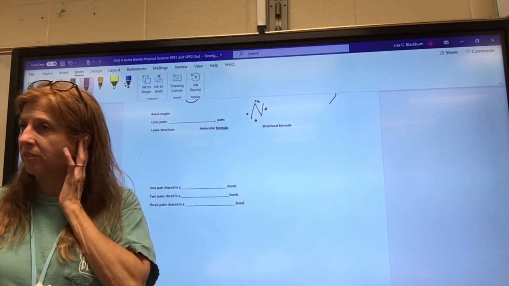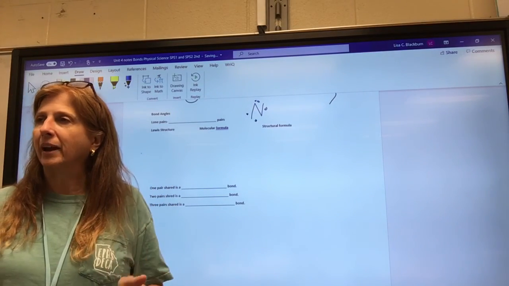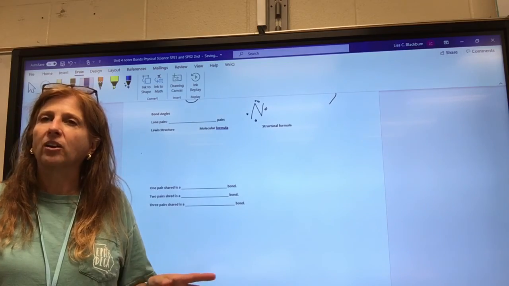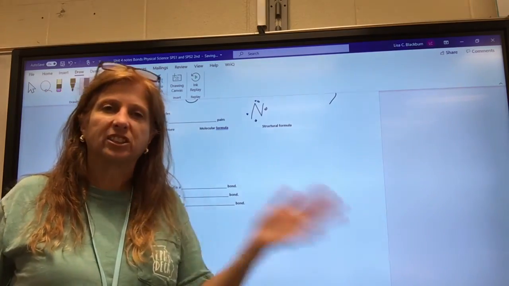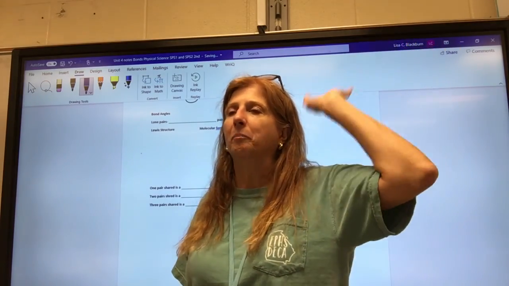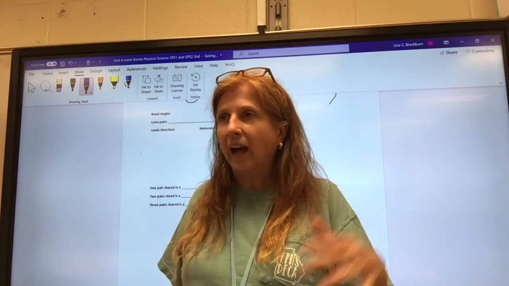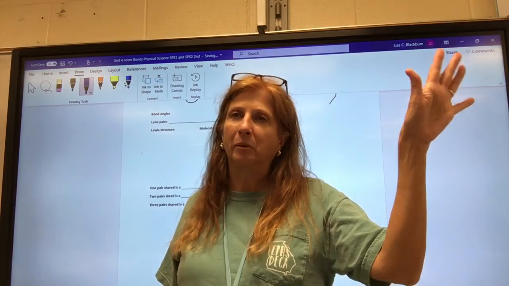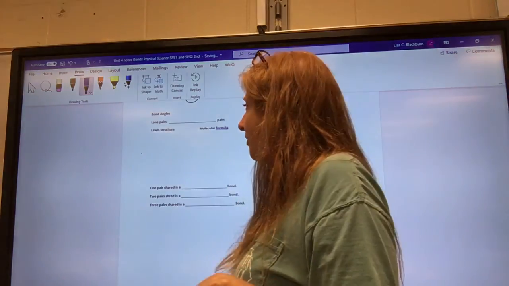Just like you guys, when y'all were little, everybody got a room, and then along came brother or sister, and then you started having to share a room, right? Most people don't start off right off the bat sharing. They get to have their own room until their little brother or sister comes along. Were you the little brother or sister who came along and made your siblings share, or were you the oldest who got to resent the brother or sister moving into your room? I was the little sister who came and shared my big sister's room, and I thought it was great.